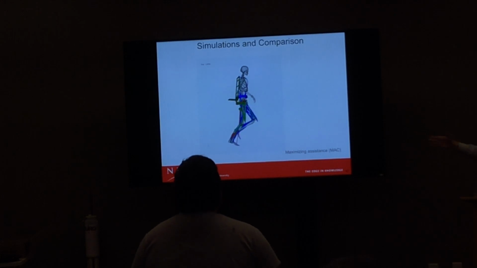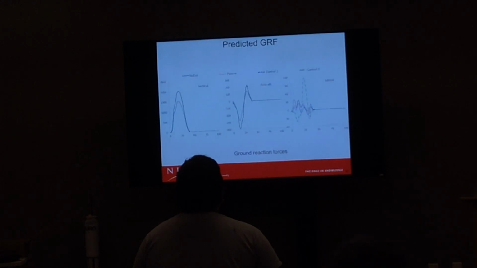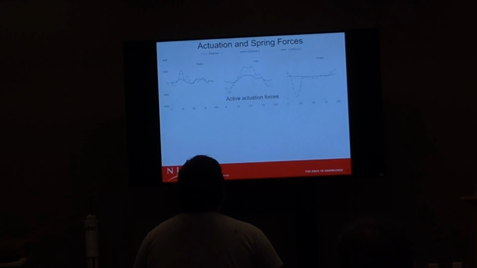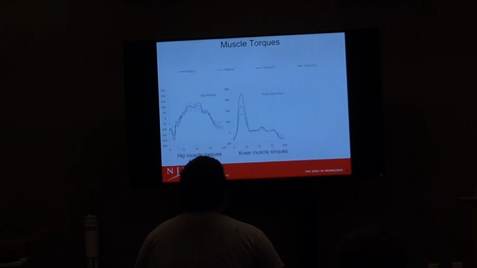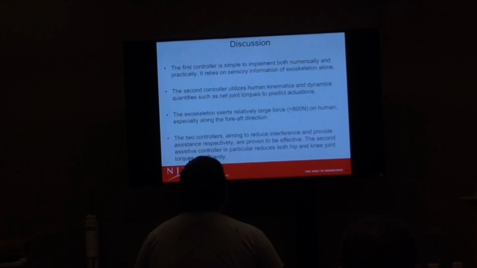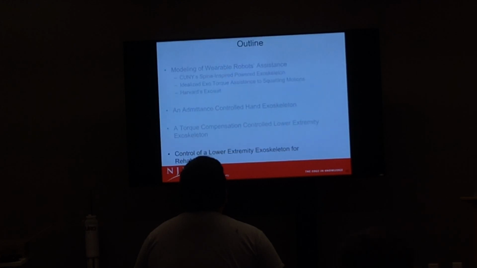And of course, the ground reaction force is much higher than normal running. From there you can analyze a lot of things like spring forces, actuation forces, the profiles, and some of them have different signs because one is pushing behind, another is pulling in front of the torso. So you can analyze this kind of thing and see how effective your controller is.